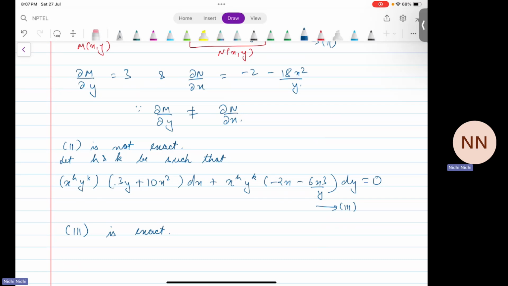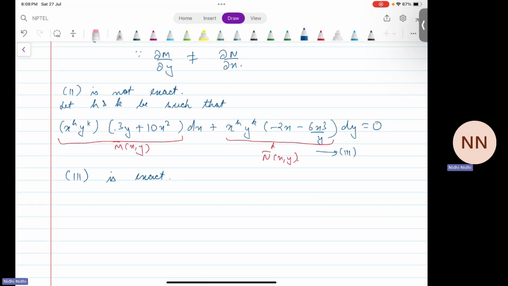That means if we take this to be some function M bar of x, y, and this to be some function N bar of x, y, we must get del M bar by del y equal to del N bar by del x.